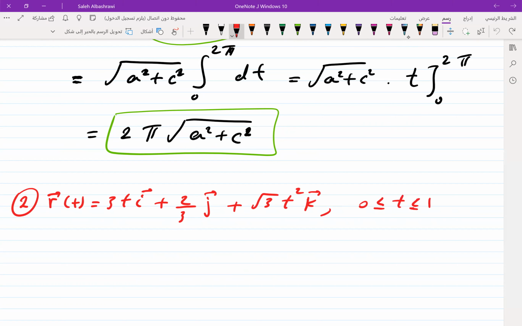T is between 0 and 1. So in the first step, we have to find the derivative. That will be the derivative of 3t, which is equal to 3i. For j, I forgot to write t to the power 3. The j component is t to the power 3.